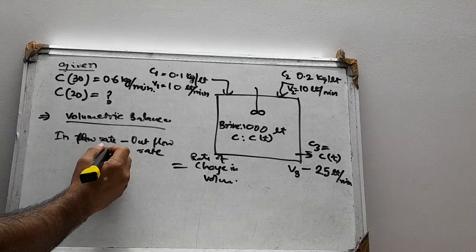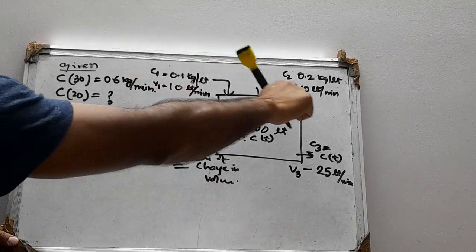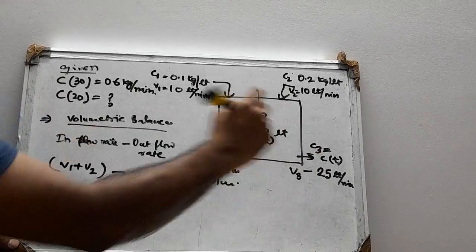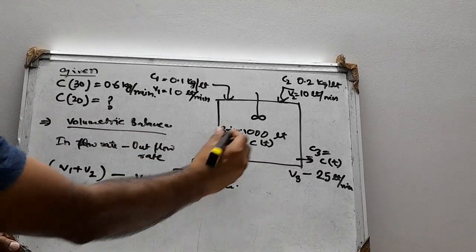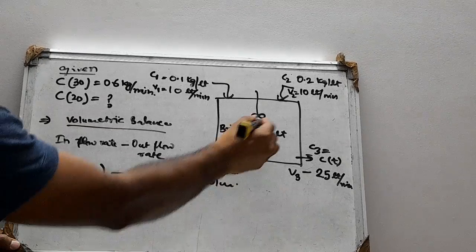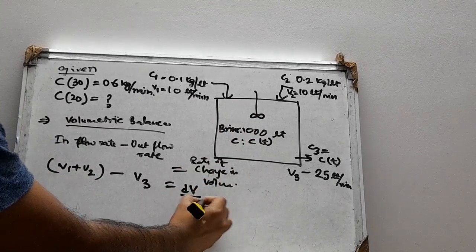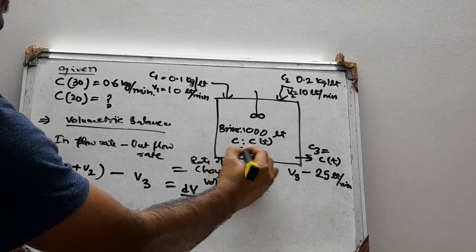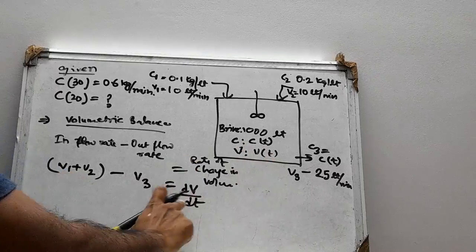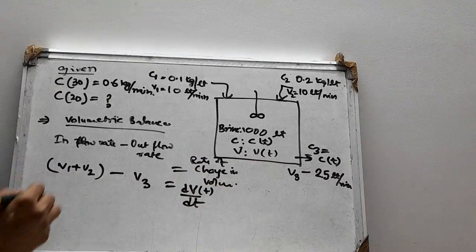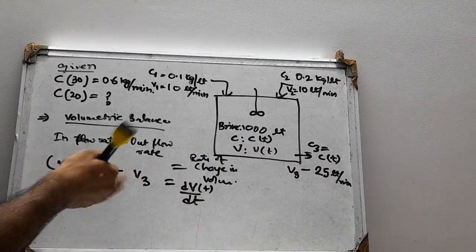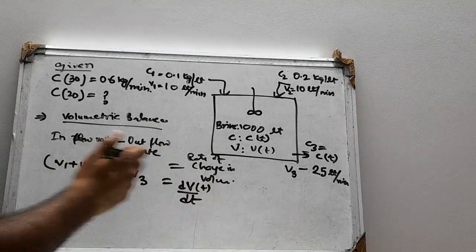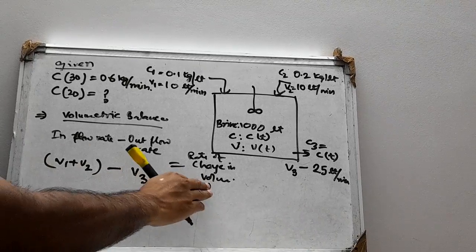So what is the inflow rate? This is V1 plus V2. And what is the outflow? That is V3. So it will give us the change in volume inside this tank, that is equal to dV by dt. Let's say V is V(t), the volume at any time. So this is a differential equation in V and t.